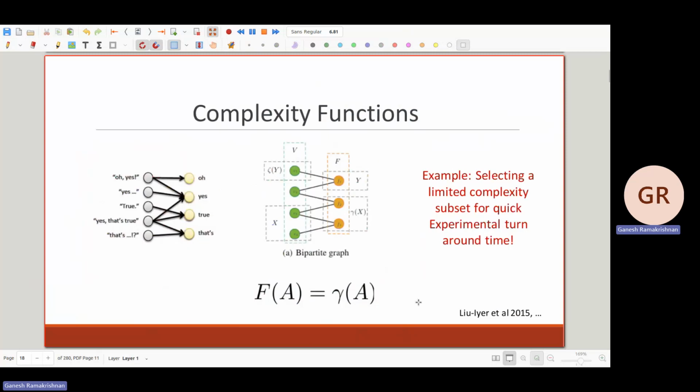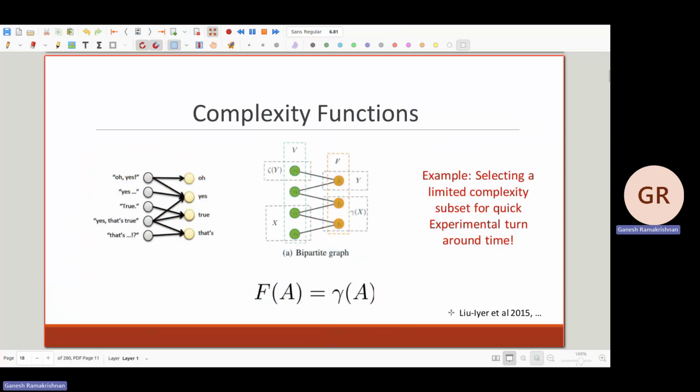Complexity functions, the third class, which again we are interested in, say, minimizing. I gave you the example earlier, but now it's a little bit more detailed. You have on the left-hand side this vocabulary, in the sense all the words, free-flowing words. And what we are trying to find is a compact set of words, which represents them. That's on the right-hand side.